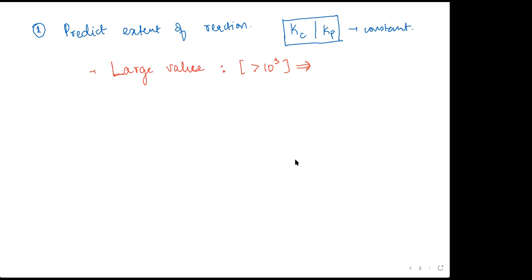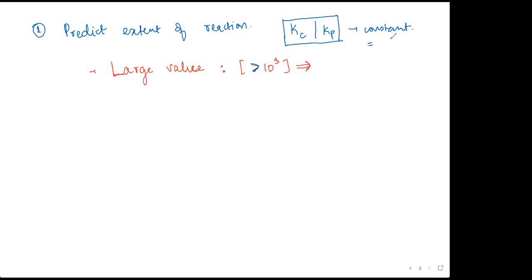Can you predict if you happen to have a large value of Kc? That the reaction will happen and proceed? The reaction is proceeding because equilibrium has been reached. But based on the value of Kc, what can you say about the reaction?